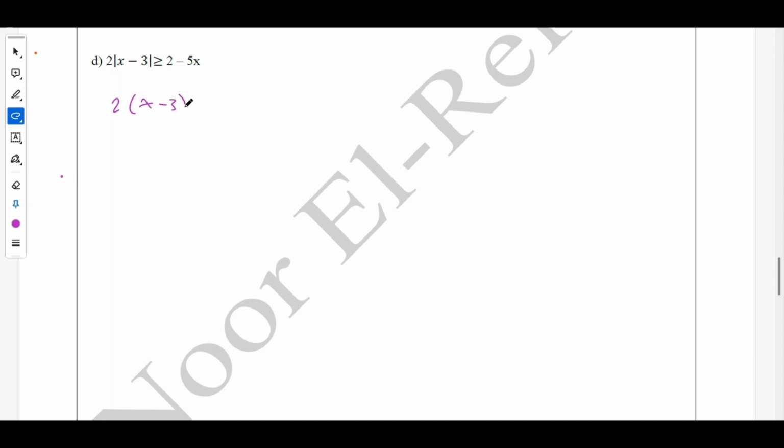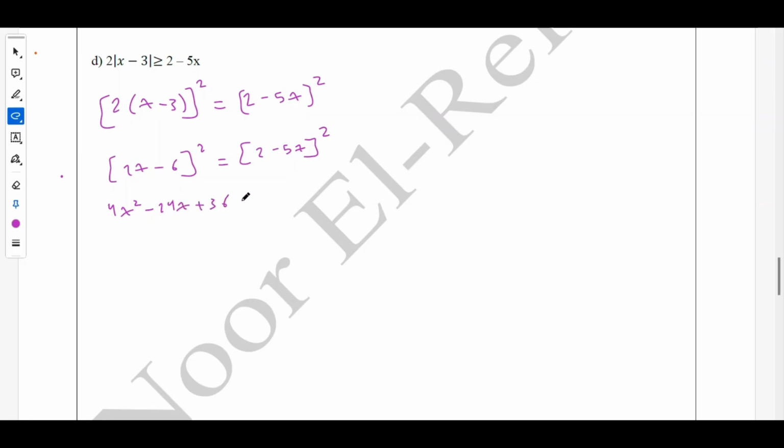Modulus of 2x minus 3, squared, equals modulus of 2 minus 5x, squared. 2x minus 6, squared, equals 2 minus 5x, squared. 4x squared minus 24x plus 36 equals 4 minus 20x plus 25x squared.